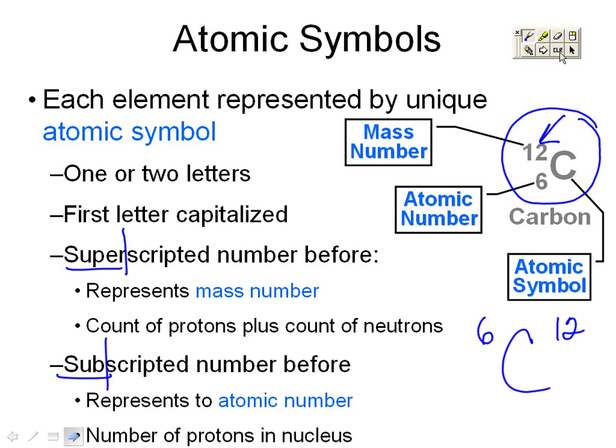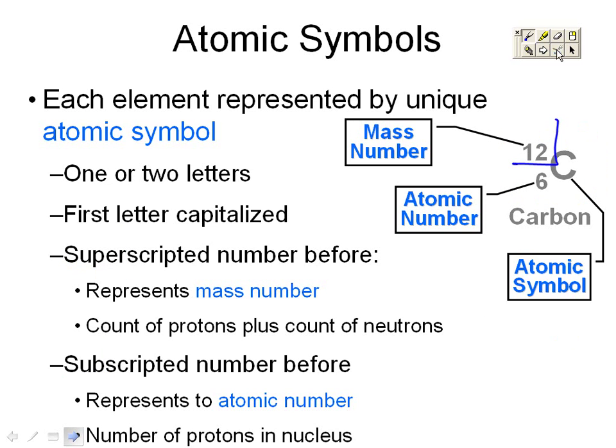Well, an easier way to learn this is by size. The larger of the numbers is always referred to as your mass number, sometimes referred to as the atomic mass. The smaller of the 2 numbers is your atomic number.